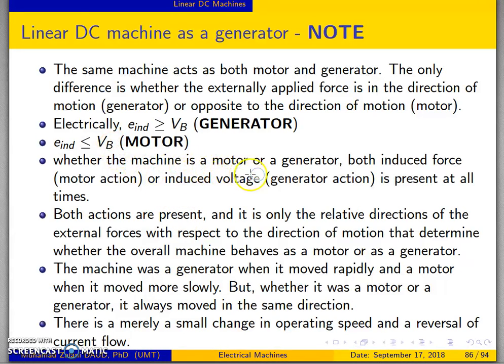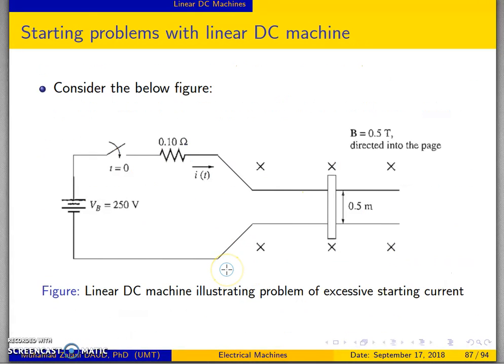Whether the machine is a motor or generator, both induced force, which is the motor action, and induced voltage, which is the generator action, are present at all times. So the machine can work as either a generator or a motor. It depends on the load we apply to the shaft. Later you can read all of this.